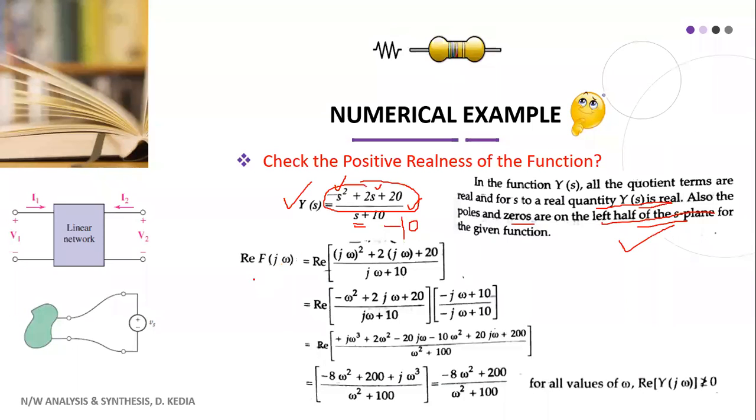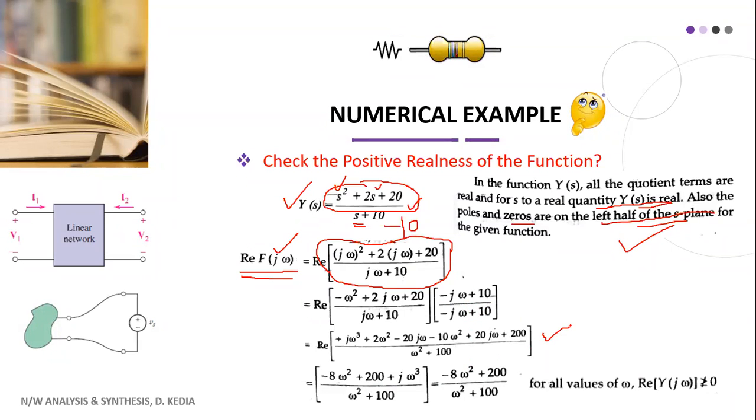Now the third condition that we have to solve is to obtain the real part of f(j omega). So you put s equal to j omega, so you get (j omega) square plus twice j omega plus 20 divided by (j omega plus 10), and you solve this and separate out real and imaginary parts. Multiply this entire thing by (10 minus j omega) in the numerator and denominator.